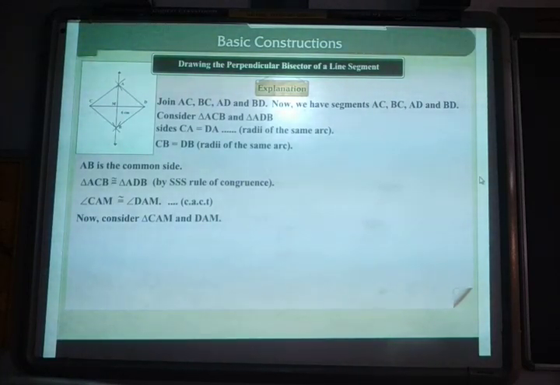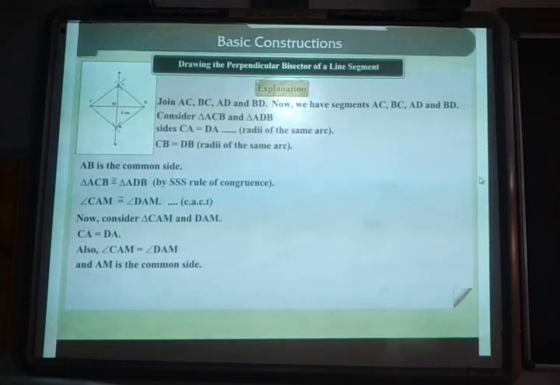We already know that CA and DA are equal. Also, the angles CAM and DAM are equal. Since AM is the common side, we can say that triangles CAM and DAM are congruent by the SAS test.